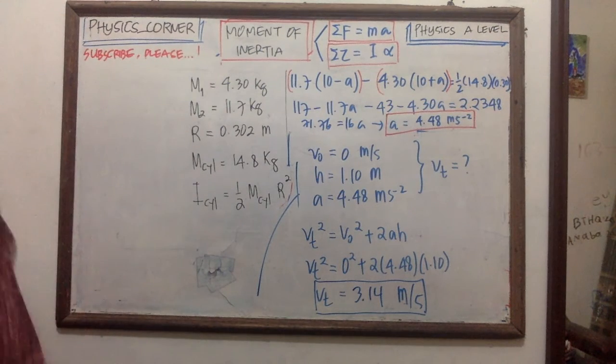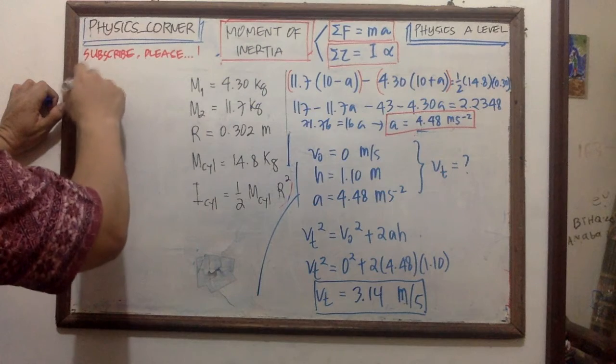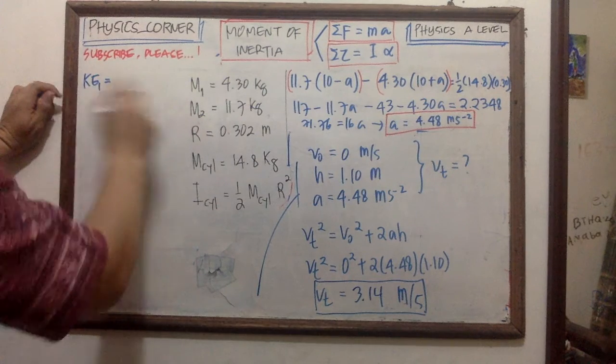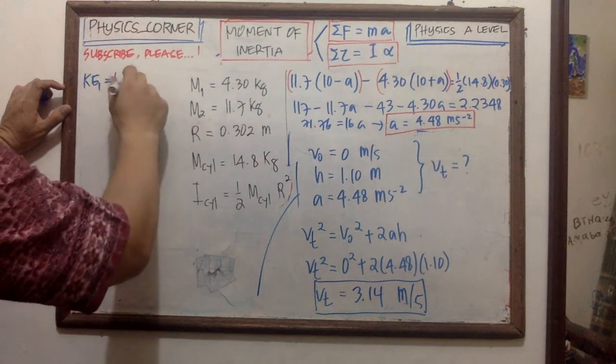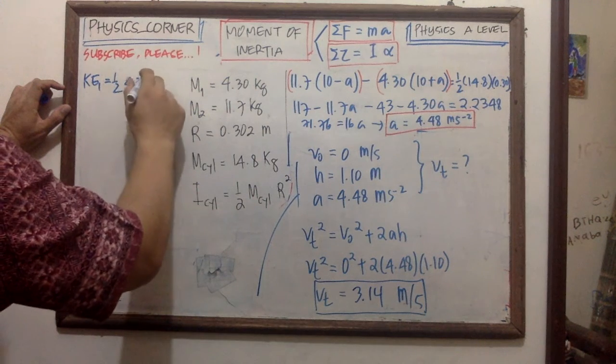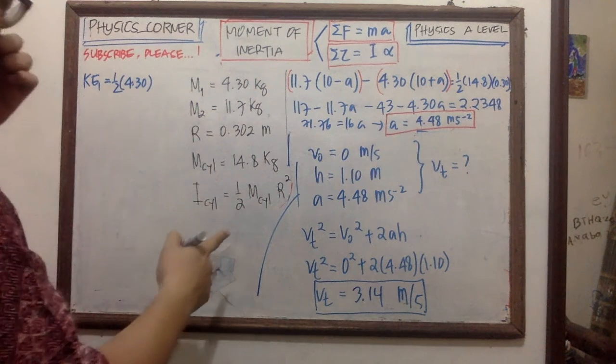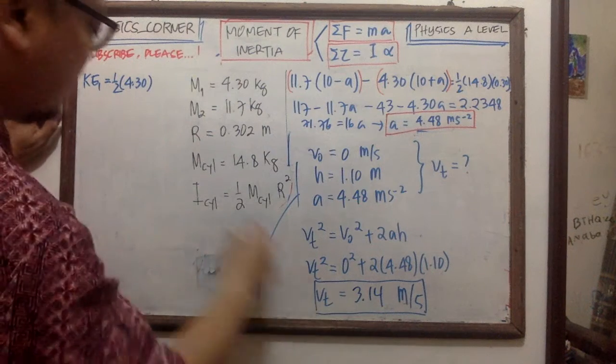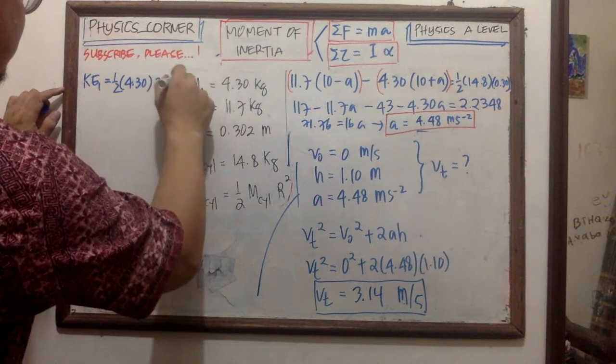So the kinetic energy of mass 1 is a half of 4.3 times the velocity 3.14 squared.